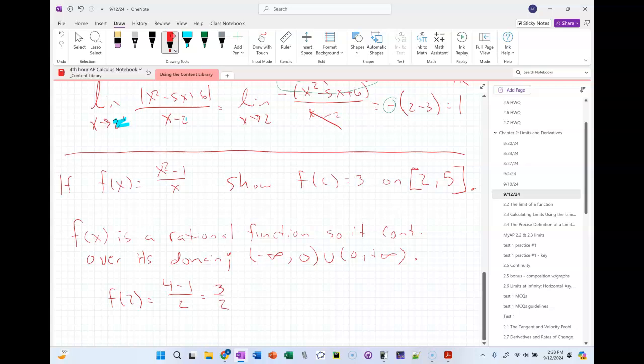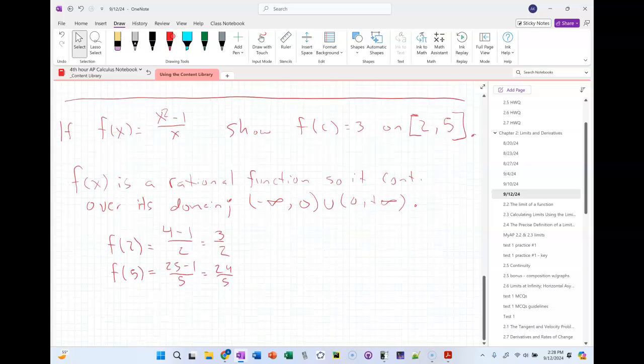That's 3 over 2. That works. That's less than 3. If I do 5, that's 25 minus 1 over 5. That's 24 over 5. That's 4 point something. That'll work, right?